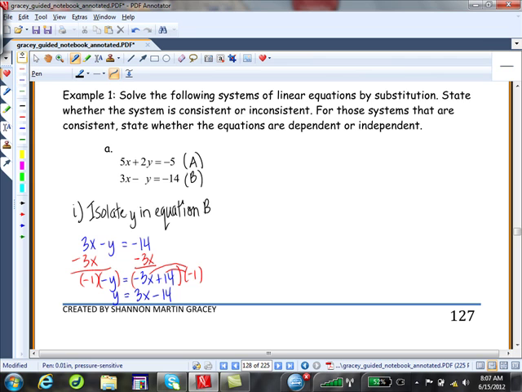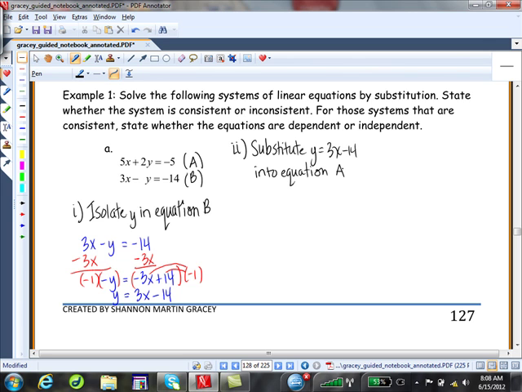Okay, next step, second step. Substitute y equals 3x minus 14 into which equation? Good, equation A. You have to use the other equation.